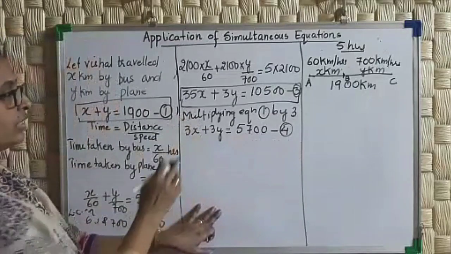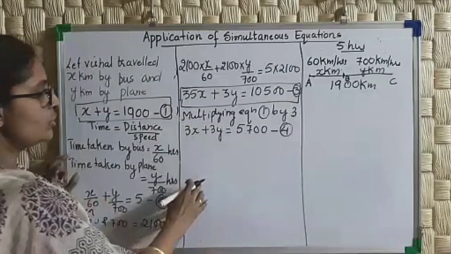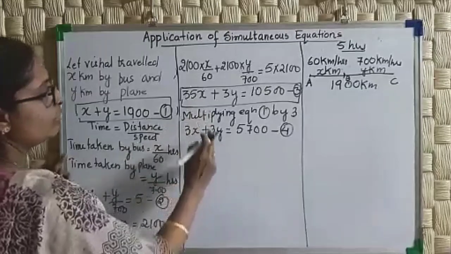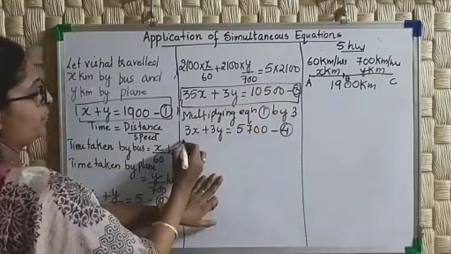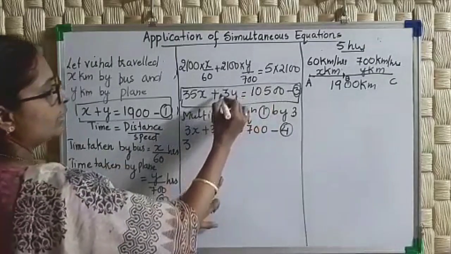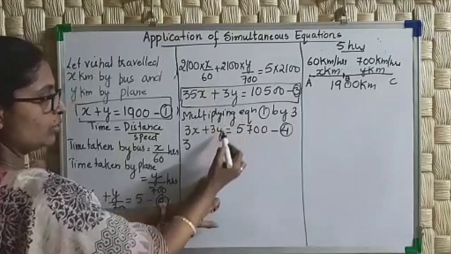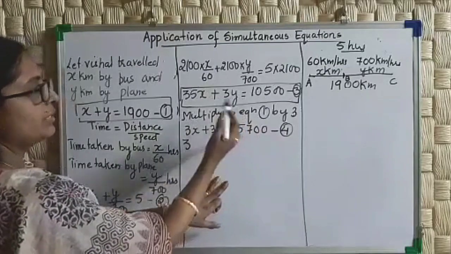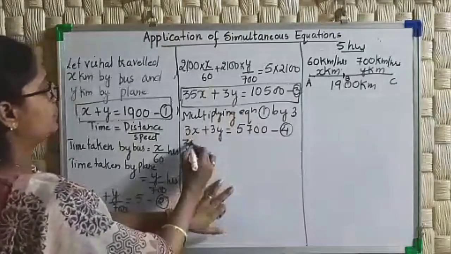Now comparing these two equations, we have to subtract equation 4 from 3, because the term 3y is equal to 3y here, but we can eliminate it only if they are of opposite sign.